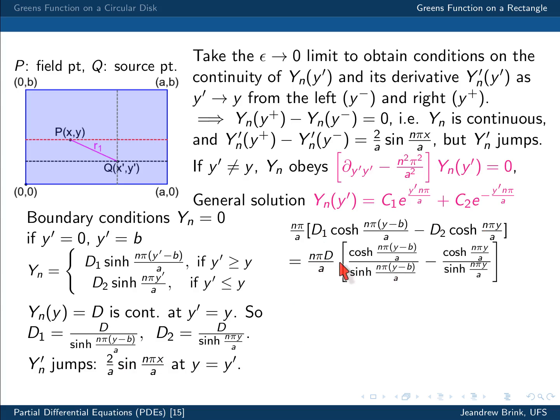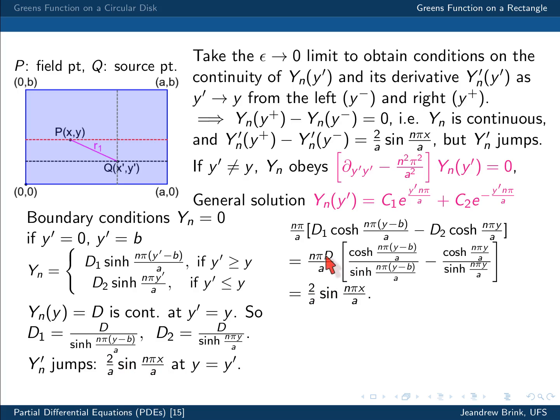So then I basically have d times something that does not depend on my source point, but only on the field point. And I know the size of that jump has got to be 2 over a sine n pi x over a. Okay, so I have that, and I can then solve for d.